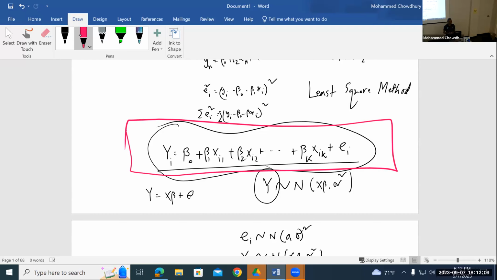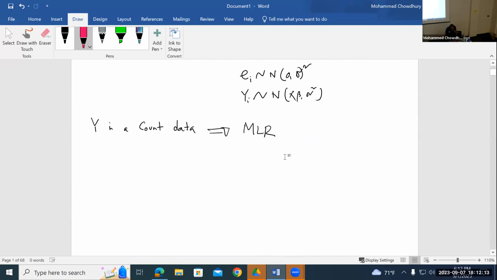Are you understanding? Now we have to write like this. So let me write the Poisson distribution. This is the Poisson distribution, where x takes values 0, 1, 2, up to infinity.